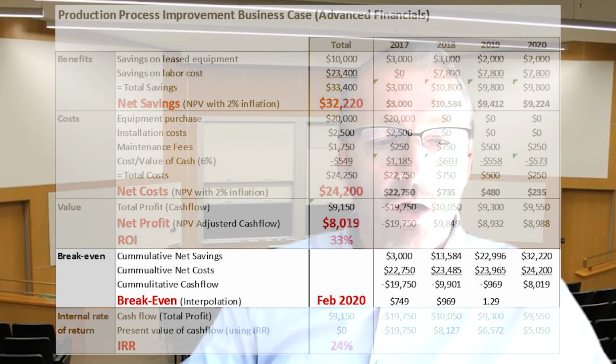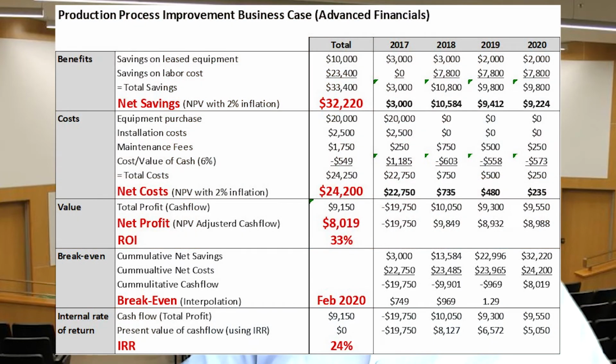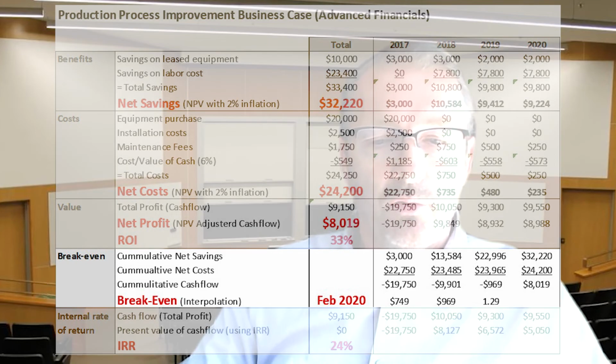And then we are making them cumulative. That means that for year 2018, we add up the 3,000 made in 2017, and then add on the 10,584 made in year 2018. And that gives the amount here of 13,584 and so forth for the rest of them.